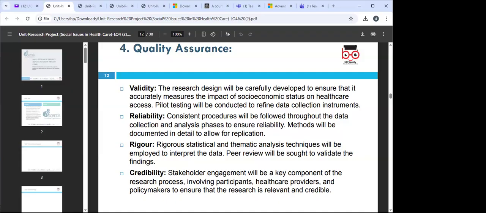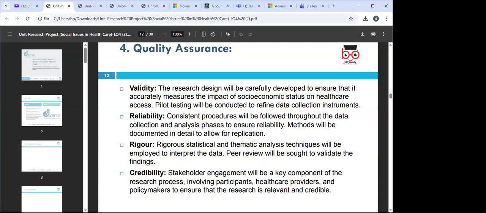On validity, it says the research design will be carefully developed to ensure that it accurately measures the impact of socioeconomic status on healthcare access. So it depends on the topic that you are choosing.